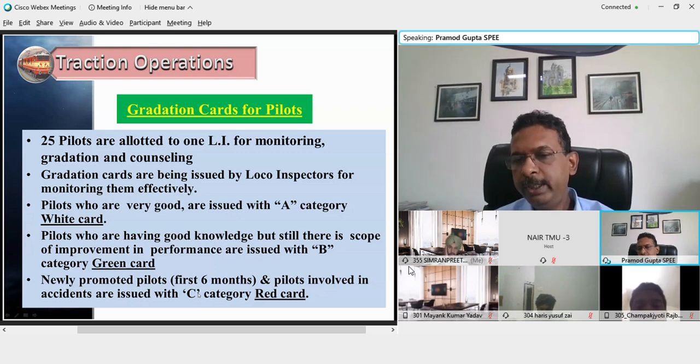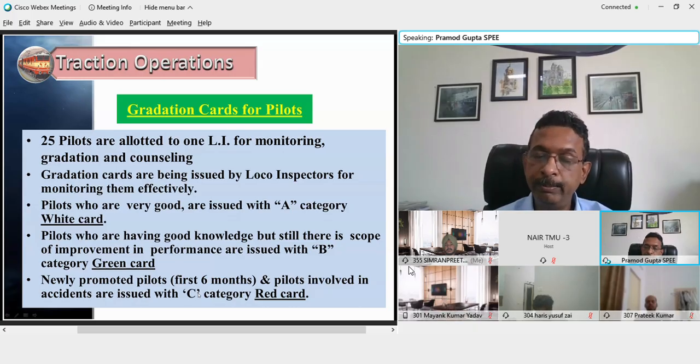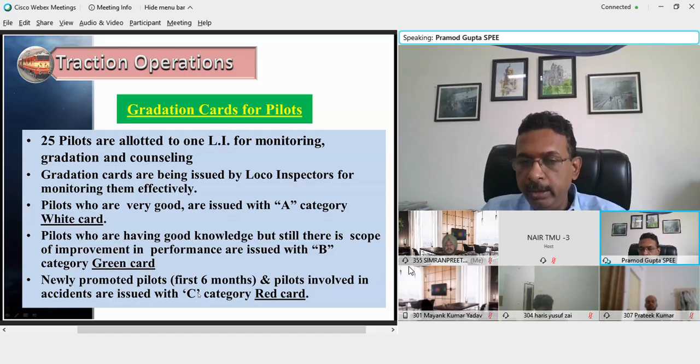Now, whenever we get such kind of issues or complaints, it's the responsibility of the TRO organization to examine them completely. All such reporting is not to be ignored, because it may have some basis for the loco pilots to speak against their own loco inspectors.